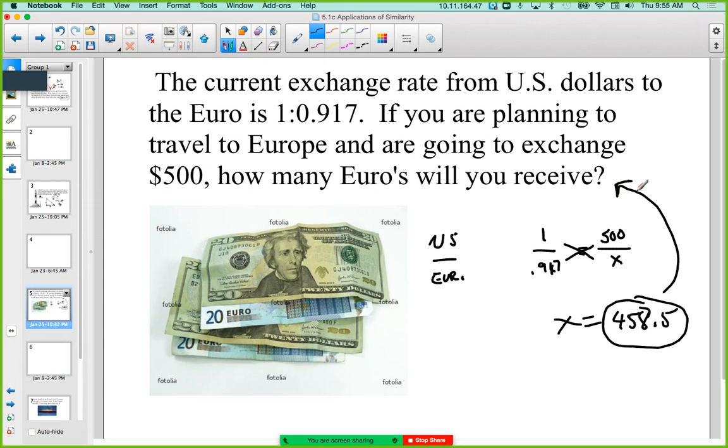Okay. Now, for any of you that have traveled to Europe and have done the process of exchanging things, there's different rates at different places everywhere you go, and a lot of times there's fees assessed to them as well.